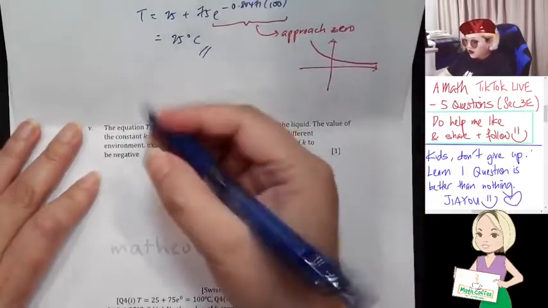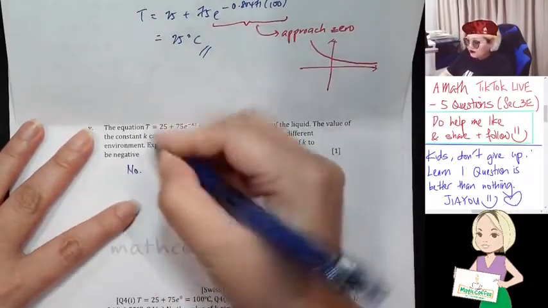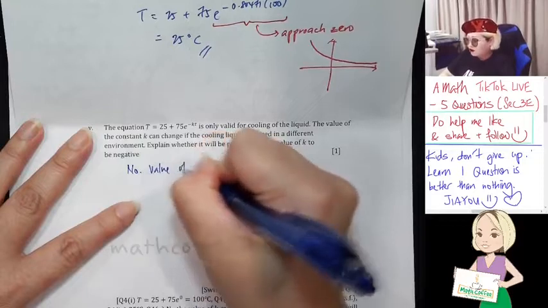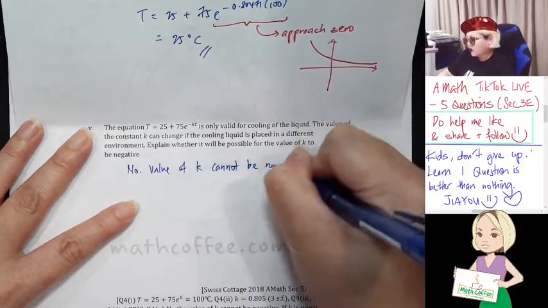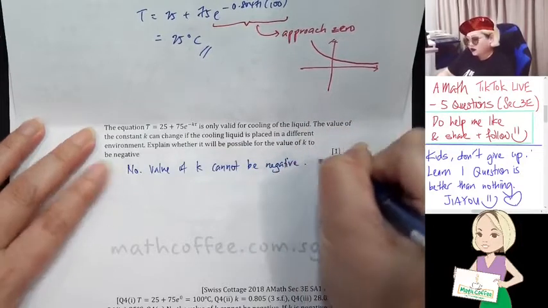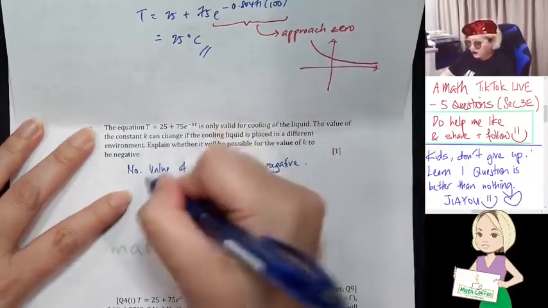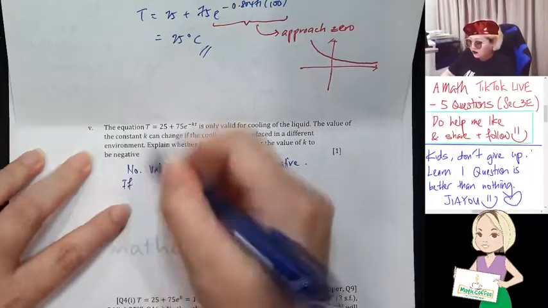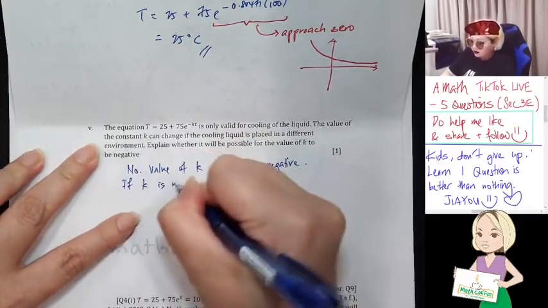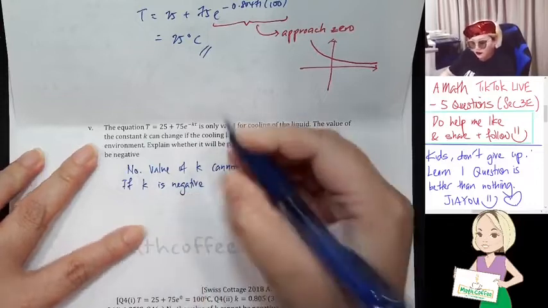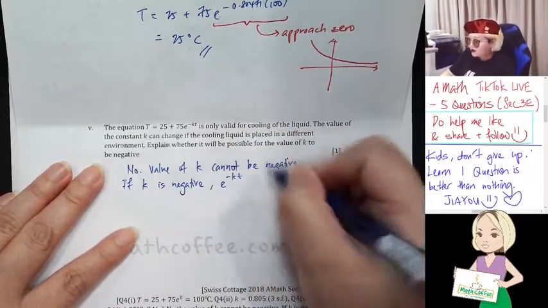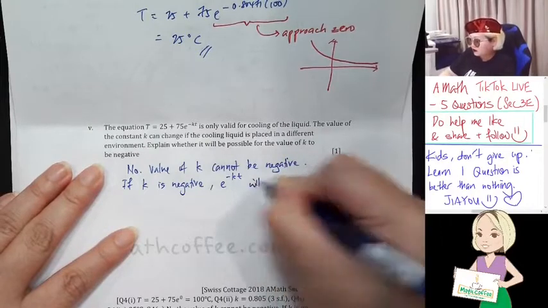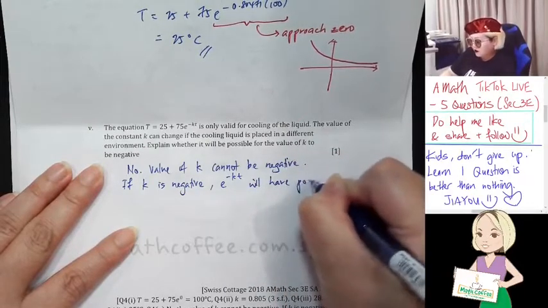So you have to say, no, the value of K cannot be negative. Why? You have to explain why. Because if my K is negative, e to the minus KT will have a positive power.